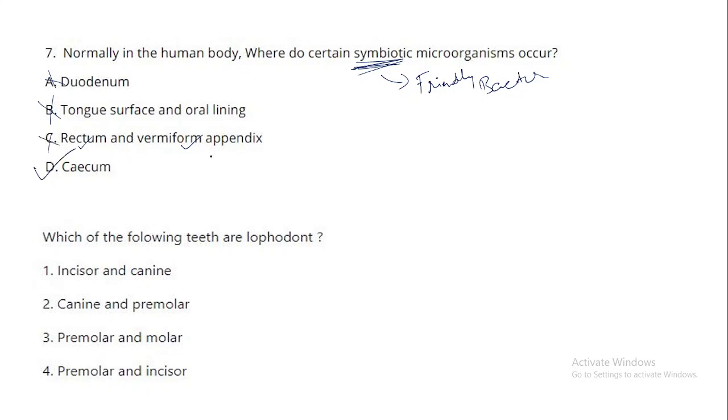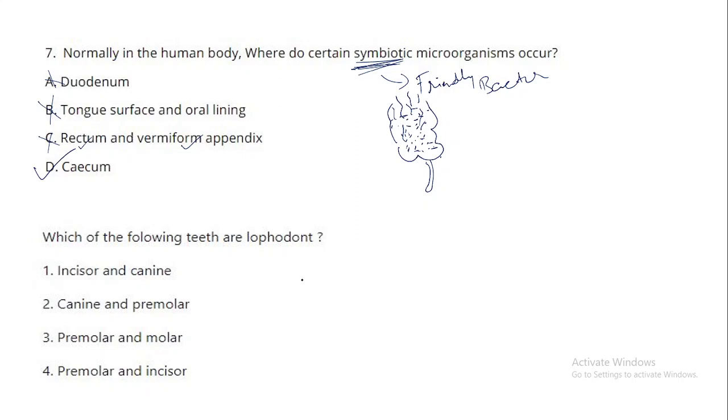So the right option is cecum. Cecum is the first part of the large intestine to which the appendix is attached. In this region we find a lot of microorganisms. It houses thousands and thousands of microorganisms that produce gas as well. The smell of fecal matter is because of these microbes. But ultimately they do something really good for the human gut.